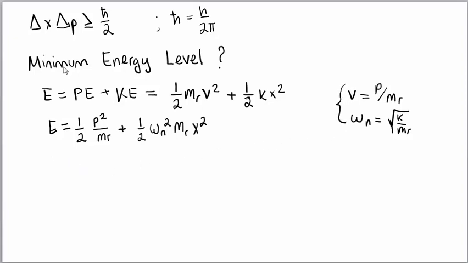All right, well, we know that we have some uncertainty in x and some uncertainty in p, so instead of p and x, we really want to be looking at delta p and delta x.